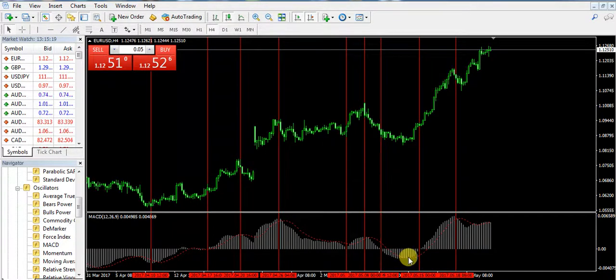Then we see the opposite happening again, bars pulling above the moving average of the MACD, giving us a heads up, saying, hey guys, watch this instrument. You might pick up a trading opportunity at some point.